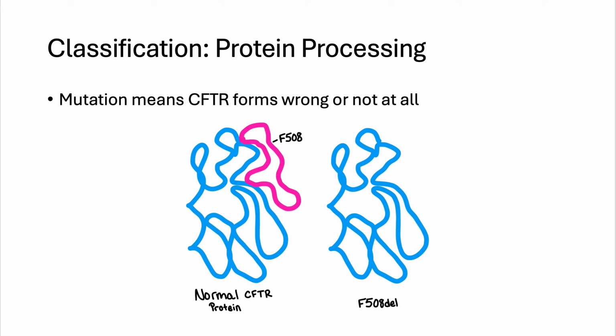It is when the amino acid phenylalanine is deleted at the 508 position, and this leads the CFTR protein to form in the wrong shape and not work properly. So you can see here that the protein on the left has the proper shape and it is completely normal, and then the one on the right is that F508 deletion that is the wrong shape, so it won't work correctly or at all.